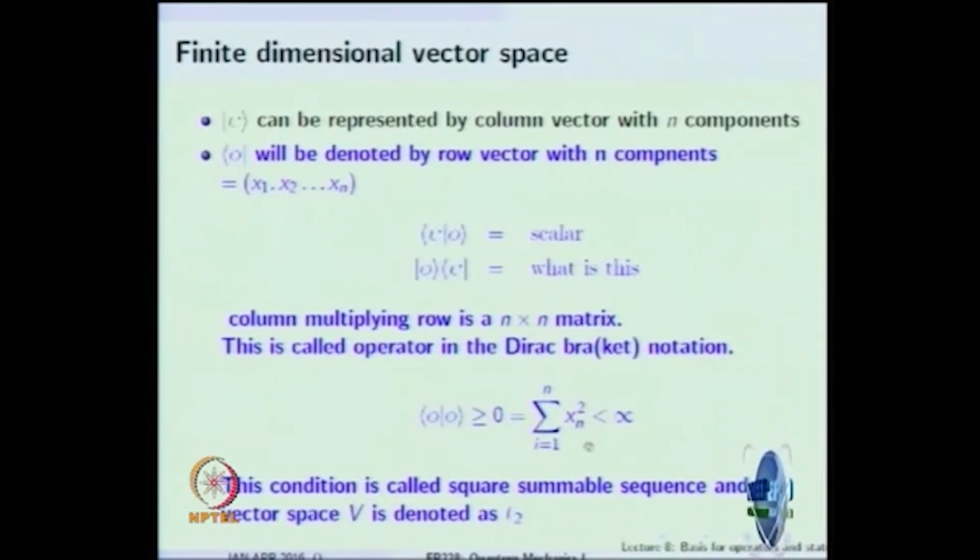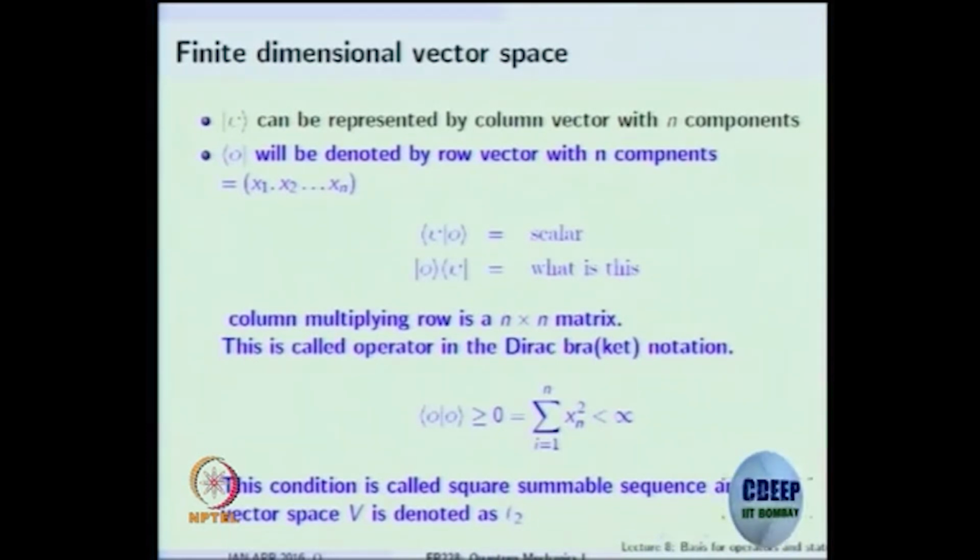If it satisfies this condition, and this collection of square summable sequences is a set of states phi 1, phi 2 belonging to this vector space, then you denote that vector space as L2.